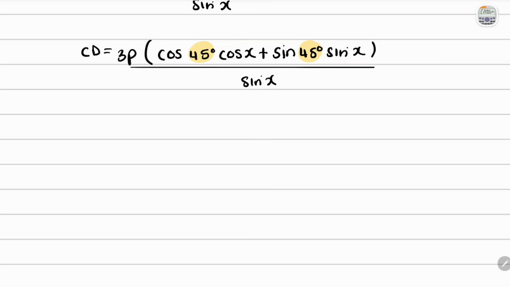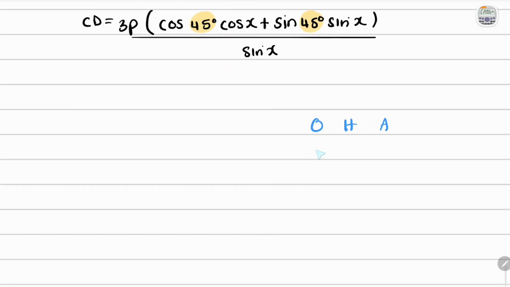So those are for special angles. We say OHA, OHA, and then you say 30 degrees, 60 degrees, and 45 degrees. Then you say 1, 2, 3, 3, 2, 1, 1, 2, 1.